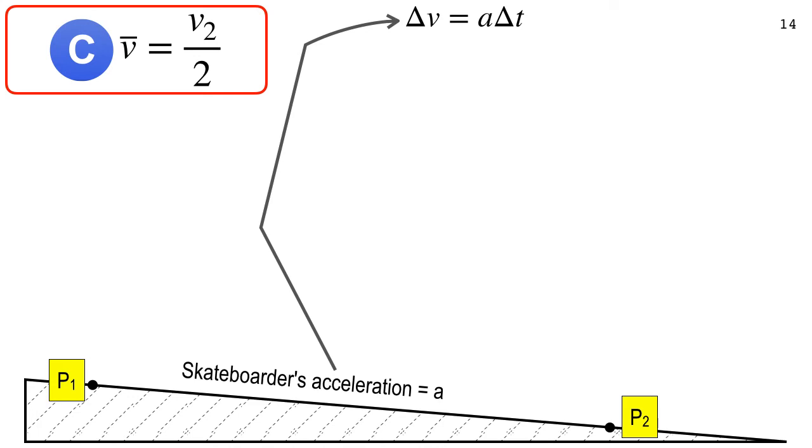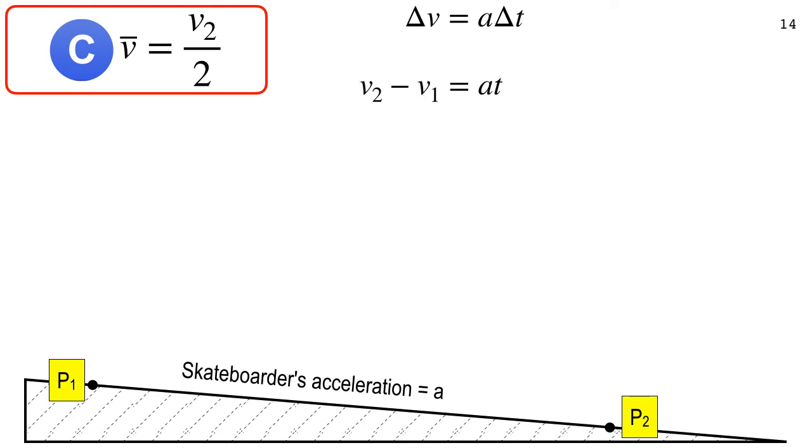Now delta V in this context is V2 minus V1. I'm switching to simplify notation, from delta T just to regular T. So V2 minus V1 equals AT.